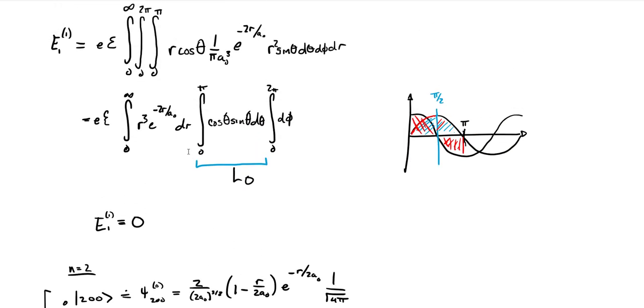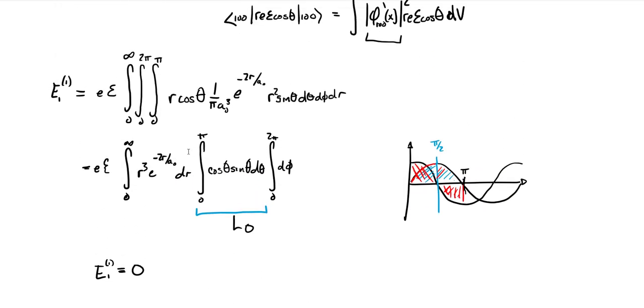If you recall, we're looking at matrix elements that have this form, where those matrix elements are ⟨n1, l1, m1| e ε r cos θ |n2, l2, m2⟩.